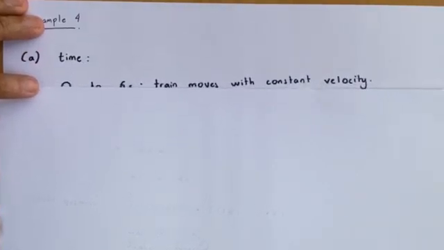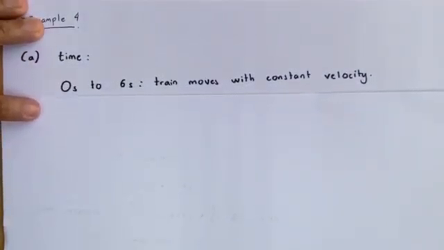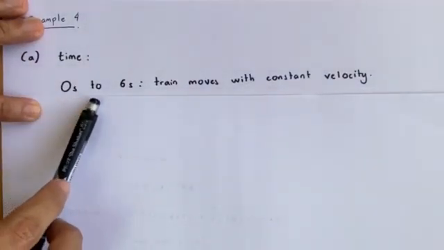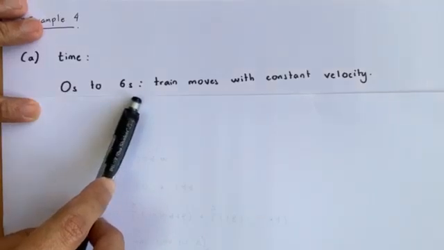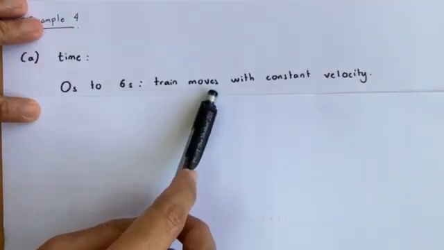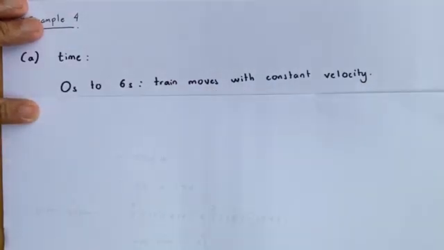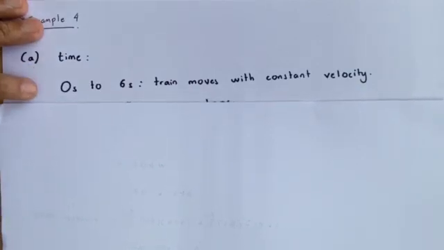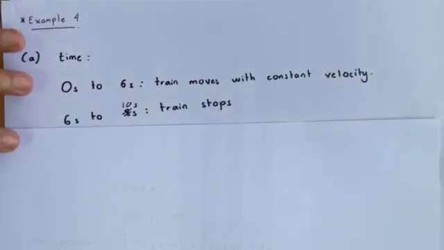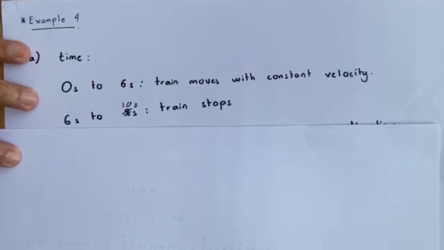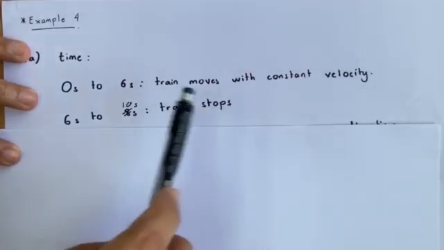Alright, so as for me, I love to explain it in a time zone way, so that you can understand it better. So you see, 0 second to 6 seconds, what happened to our train? Our train moves with constant velocity. Okay? And from 6 seconds to 10 seconds later, our train stops.